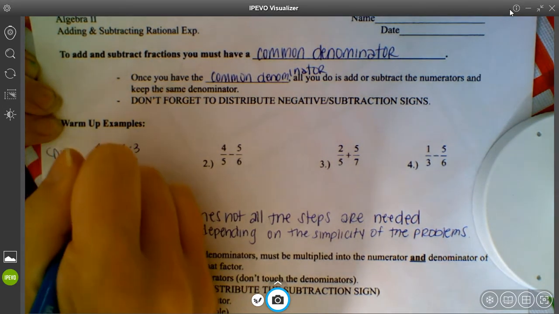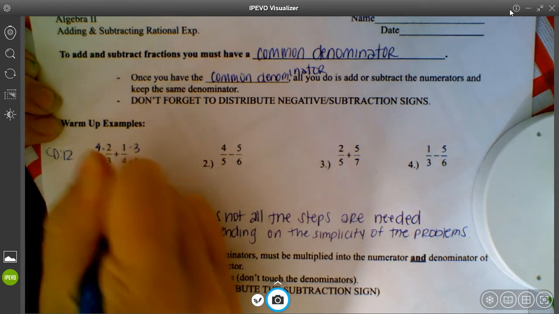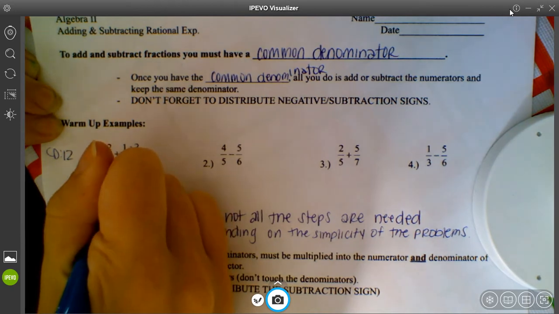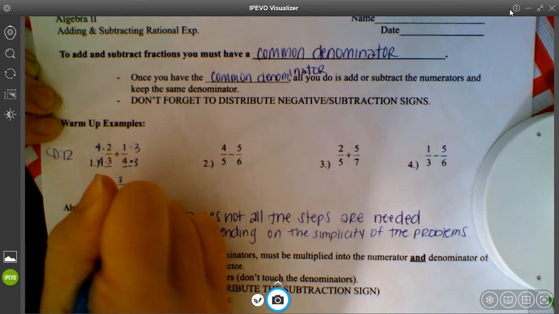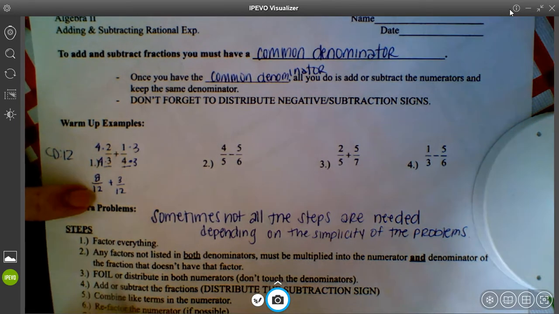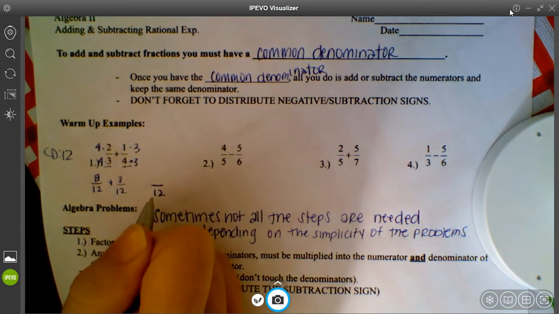And vice versa. So now I have 8 over 12 plus 3 over 12. When I add fractions together, I now keep the 12 on the bottom. I don't do 12 plus 12 is 24.